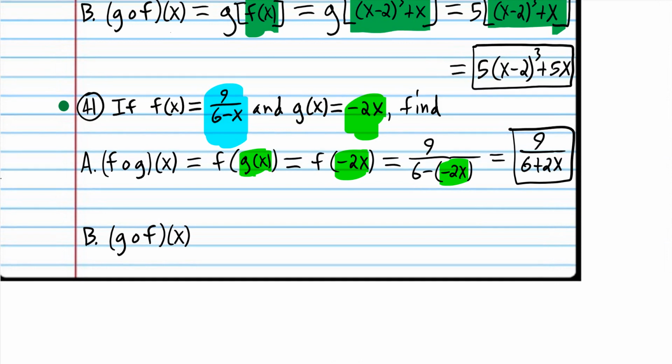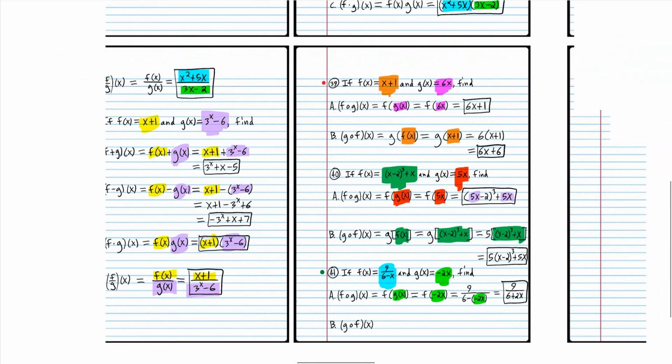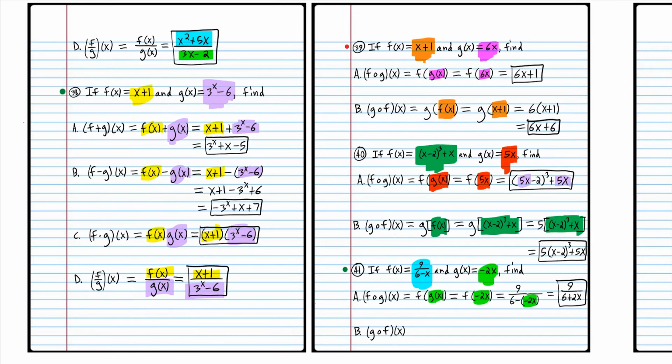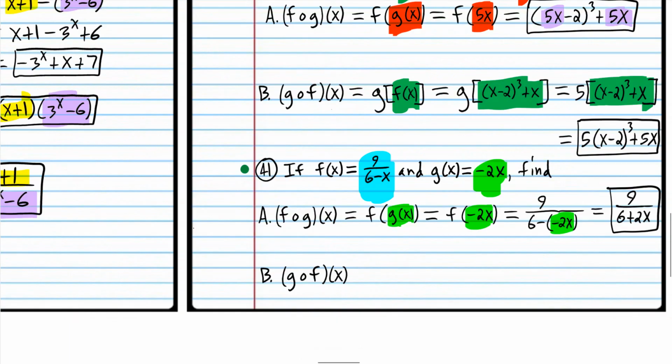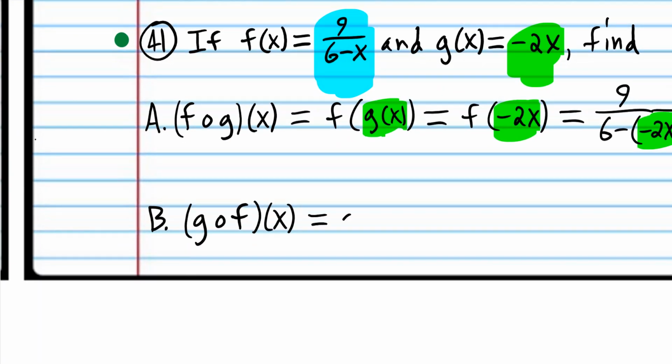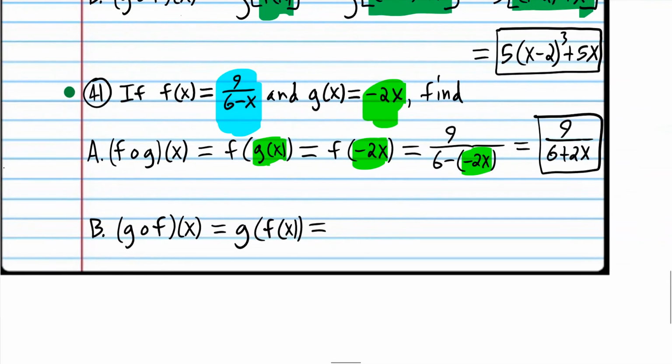Okay, so go ahead and try part B, and when you come back, we'll do it together. Okay, we're back, so we're trying to find g of f of x. And f of x is the blue expression.